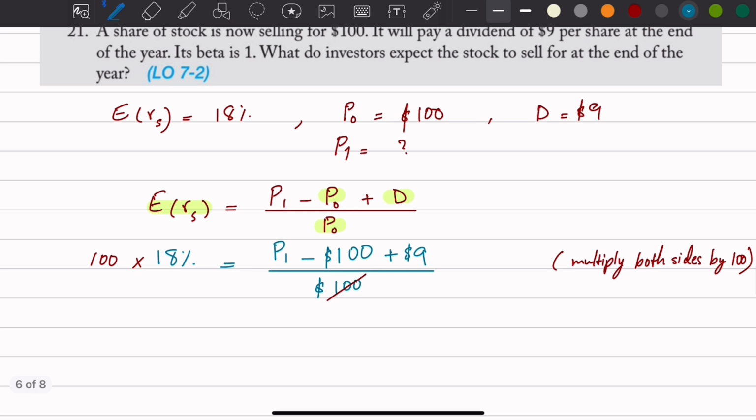Then simplifying further, we're going to get 18%, which is basically 0.18. If we multiply that by 100, we move the decimal two places to the right, and that will give us 18, right? Equals P1 minus 100 plus 9.